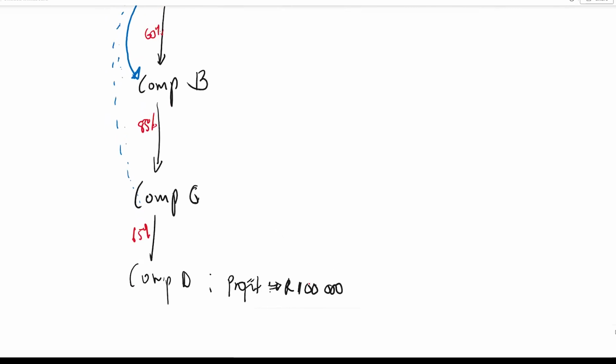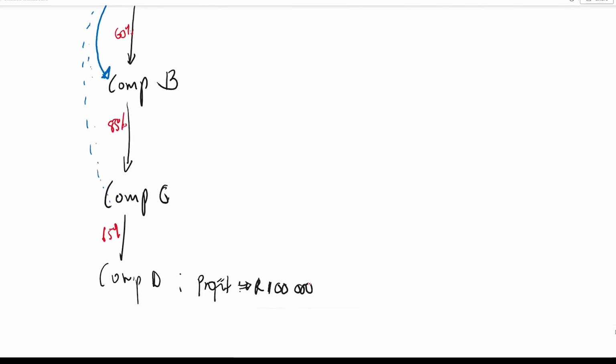So company D makes a profit of 100,000, and then it will take this 100,000 and give 65% of it to its parent. So I'll come here to its parent. We have 100,000 multiplied by 65%, so this is 65,000.